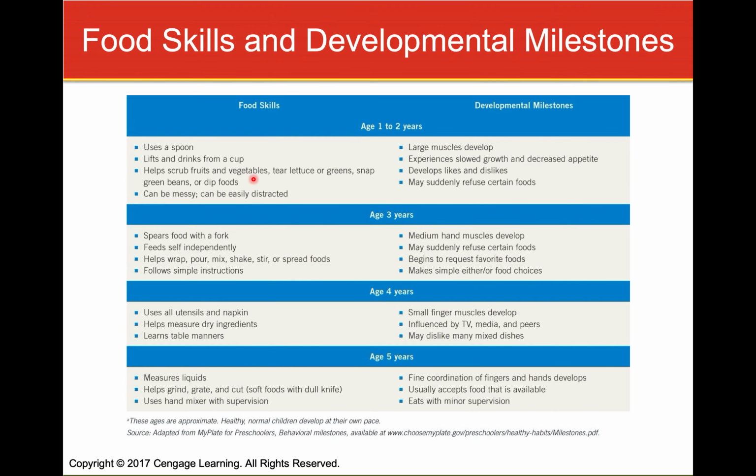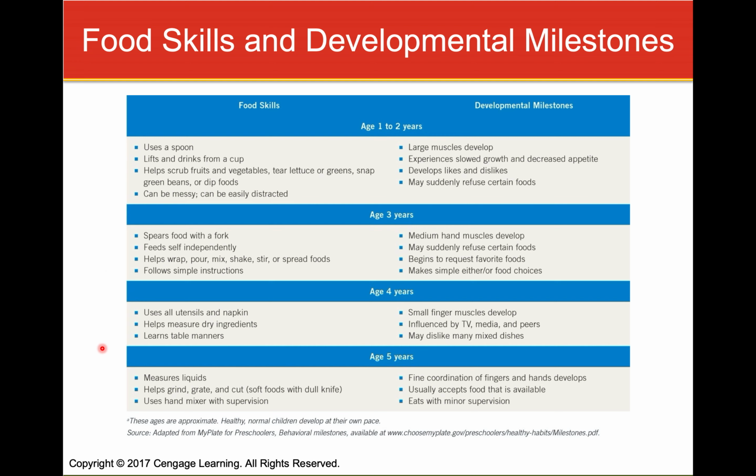And here are various food skills along with ages. So you can see in 1 to 2 years, they're not really able to do much in terms of helping out in the kitchen, but by 3, they can help to wrap, pour, mix, shake, stir, or spread foods, and they can follow simple instructions.